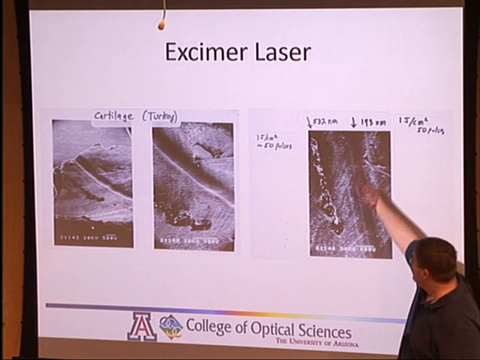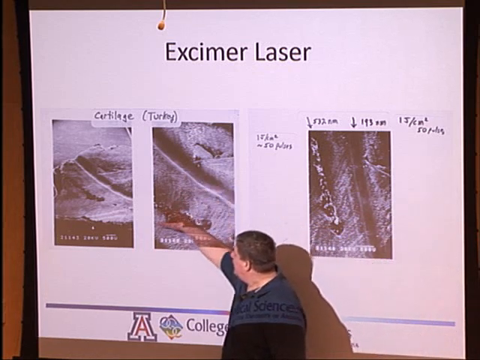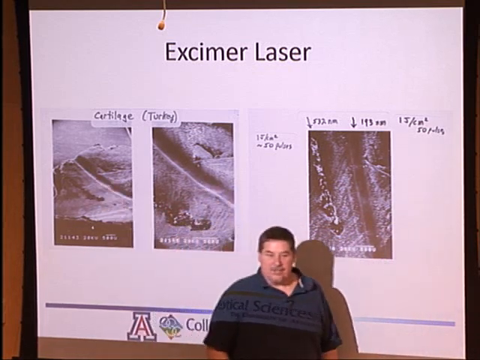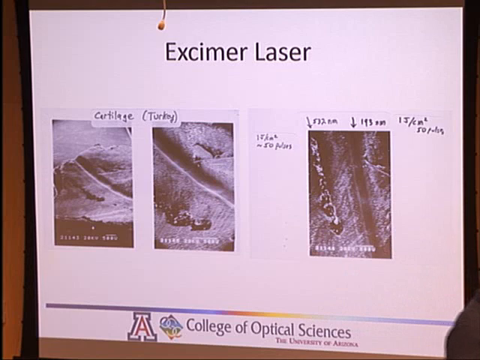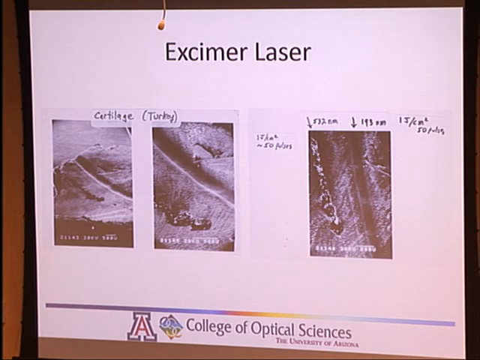Next to it, these channels here are the excimer laser. At this wavelength, what happens is that the proteins that form the tissue absorb the energy, and it breaks the molecular bonds. So they literally just kind of fall apart.